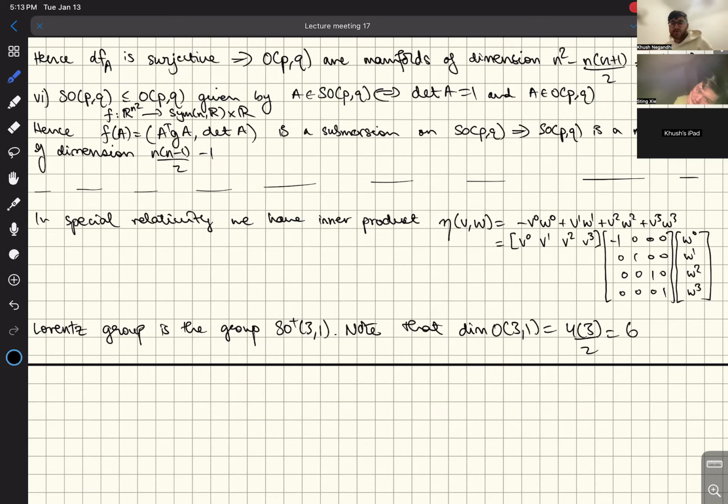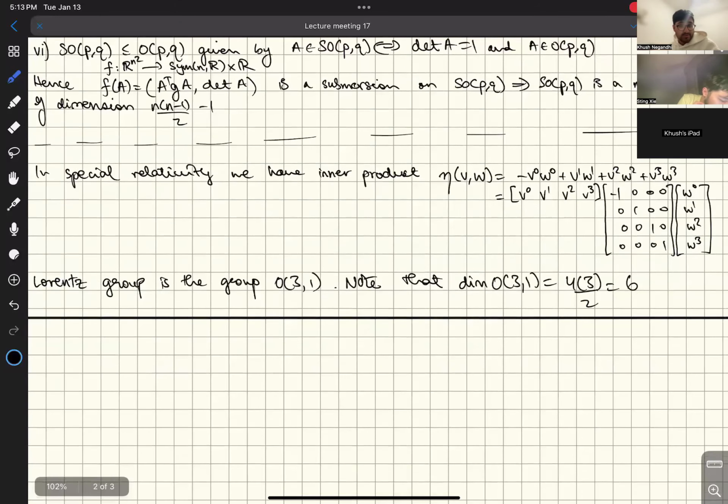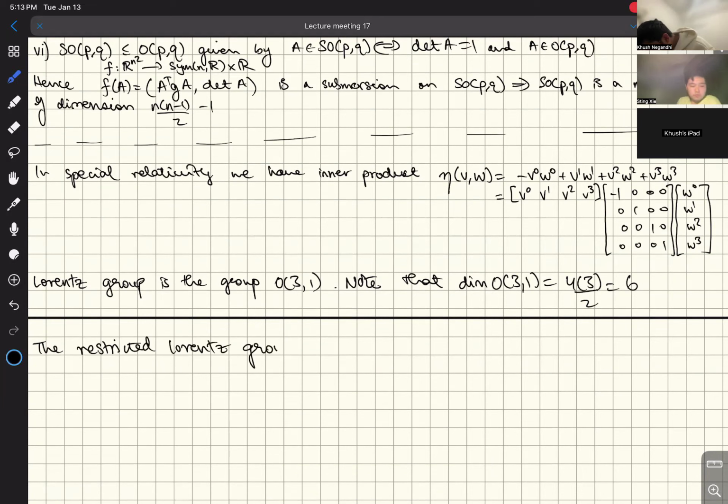Okay, I misspoke a little bit. So the Lorentz group is O(3,1), and the restricted Lorentz group is the one we talked about, SO+(3,1), right?